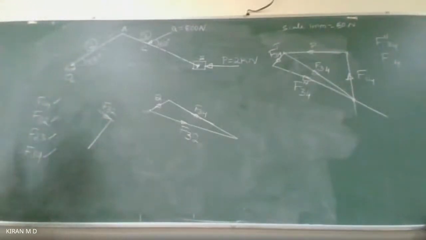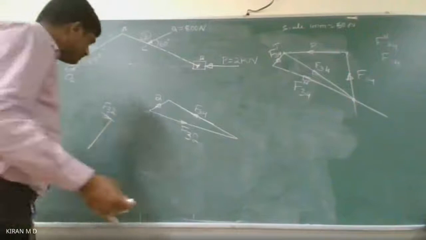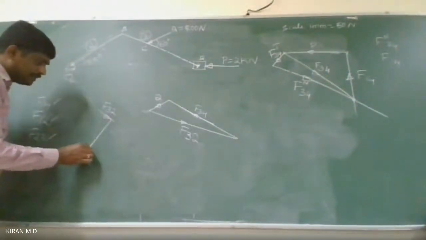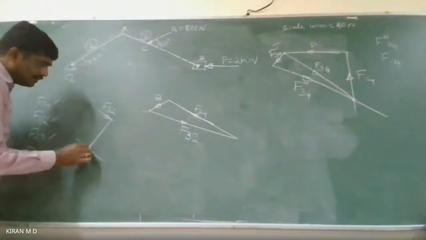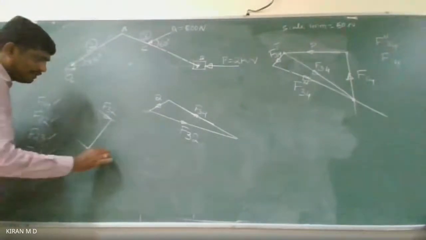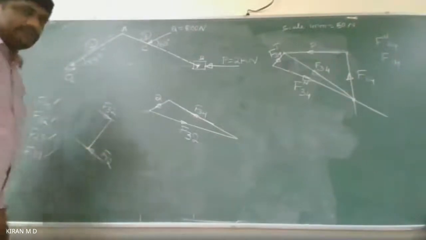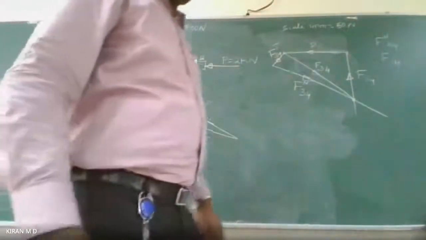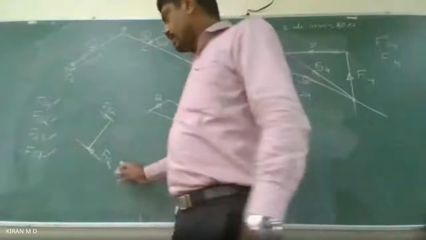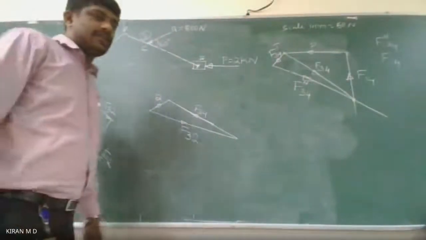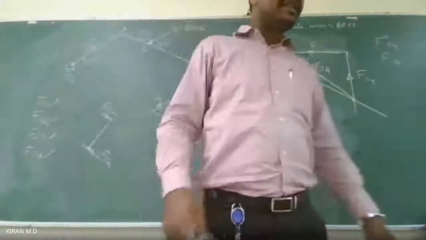When it is a couple, what is the other condition? It should be in the opposite direction, but the same value. Is it clear? The direction is opposite, but the magnitude is the same.